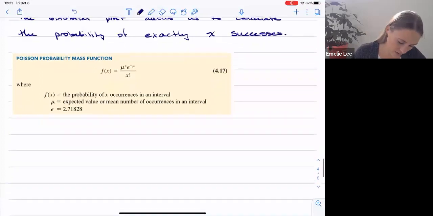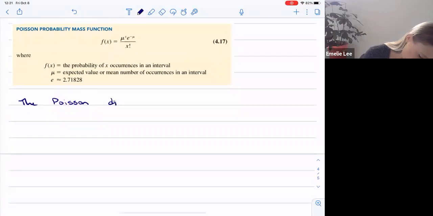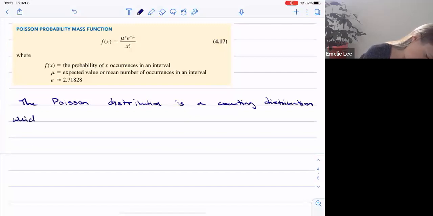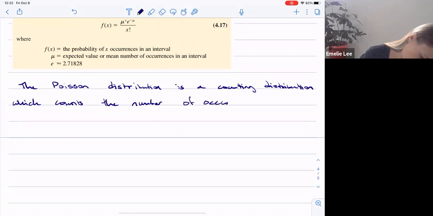And so the Poisson distribution is a counting distribution which counts the number of occurrences in an interval, the number of occurrences in an interval of time or space.